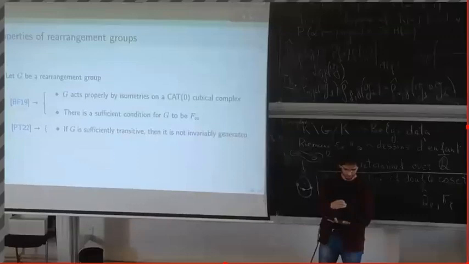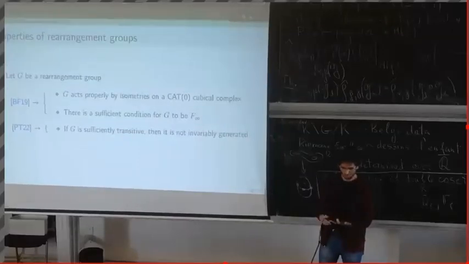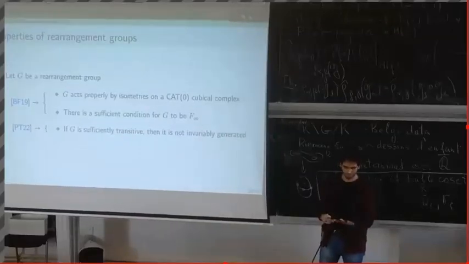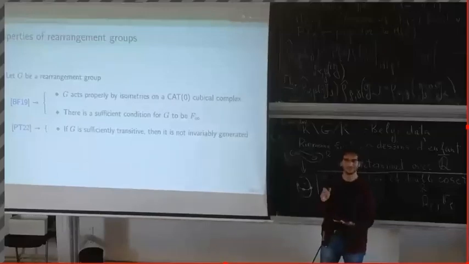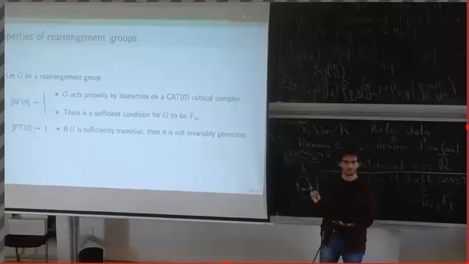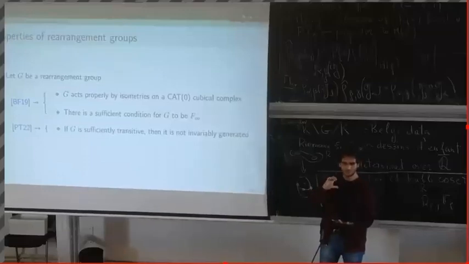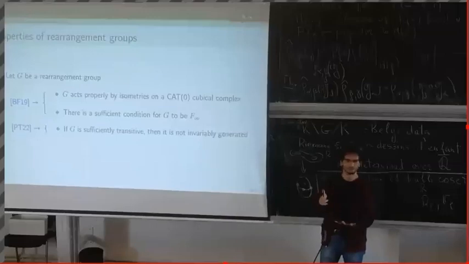They also prove that any rearrangement group acts properly and by isometries on a CAT(0) cubical complex. This complex is essentially given by a groupoid of rearrangements in which you are changing the base graph. So it's a generalized rearrangement. You don't necessarily have the same base graph in the domain and in the range.